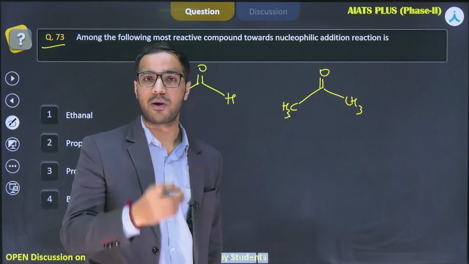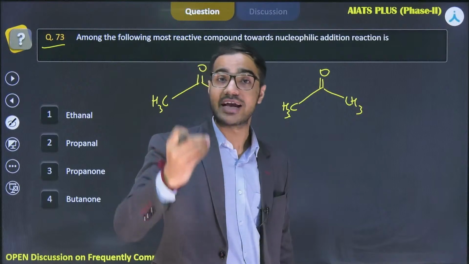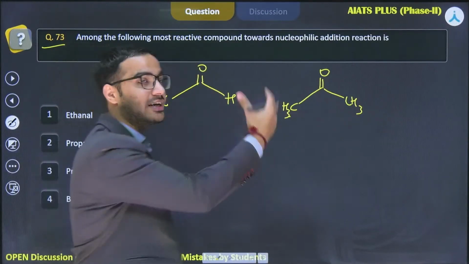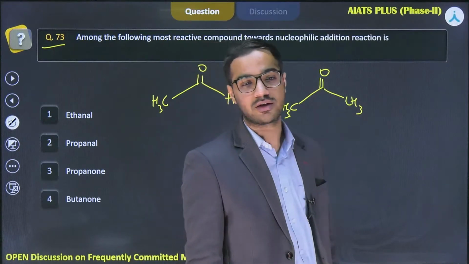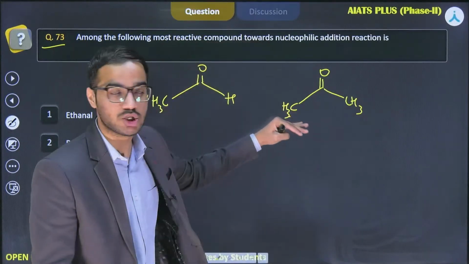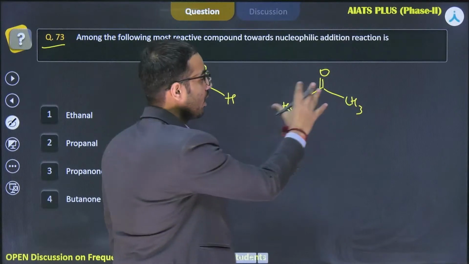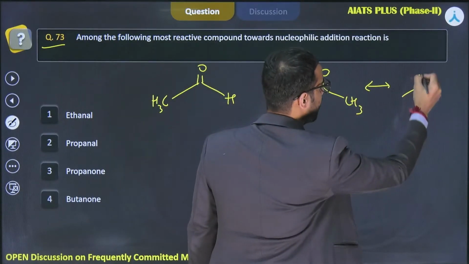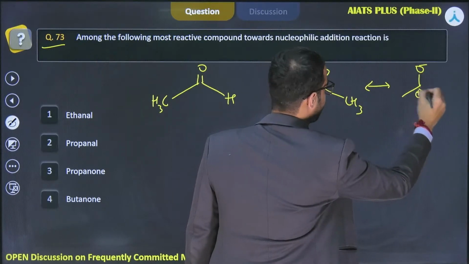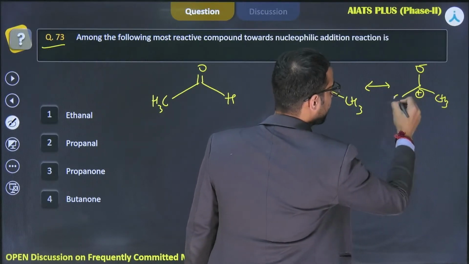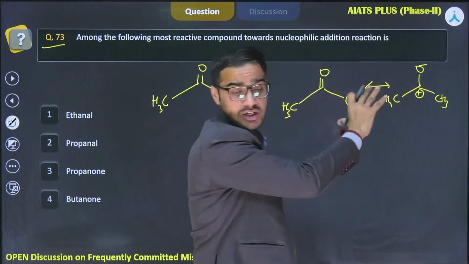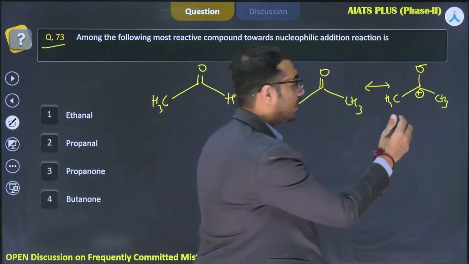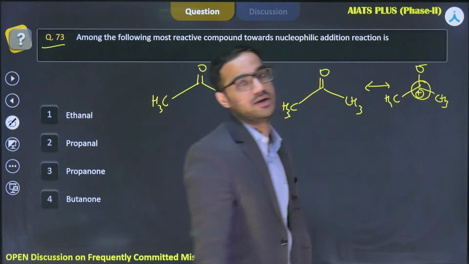The carbonyl compound which is more electron deficient has a tendency that a negative charge or nucleophile can attack that more electrophilic center. This is not the clear picture, but it can exist. We can make a structure like O minus, and this carbon positive, with CH3, CH3. This is not a clear structure, but we can assume it, which is the electrophile over here. So this is an electrophilic center.